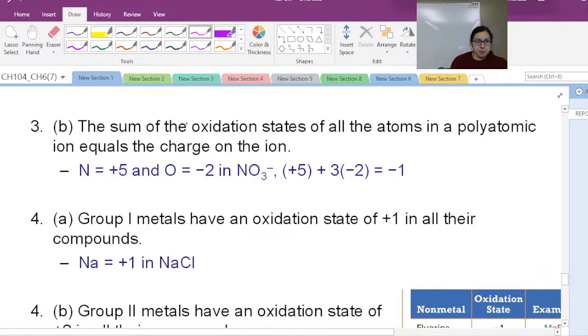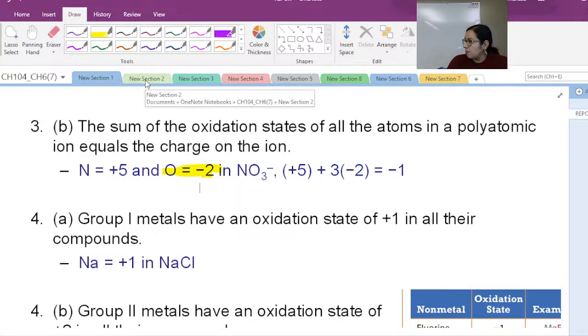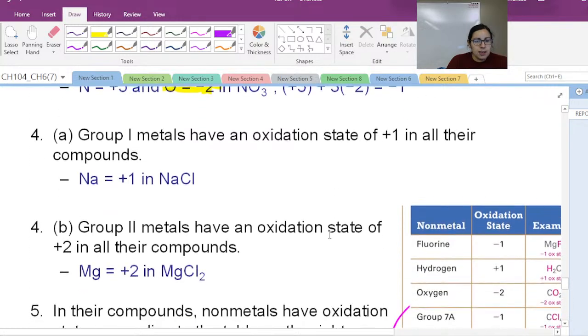The starting point for this one is to base it off of the oxygen. Oxygen is, again, always -2 unless it's a peroxide. That leaves nitrogen with +5. So nitrogen can do that switch as well, of -3 and +5. So we can see that.